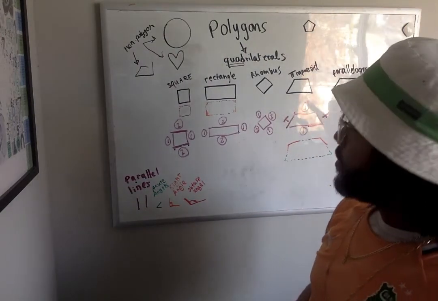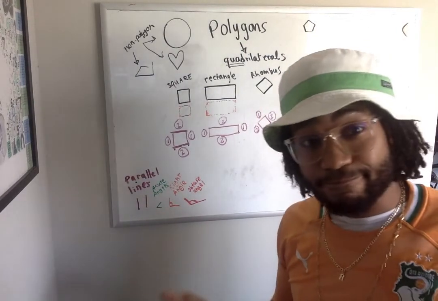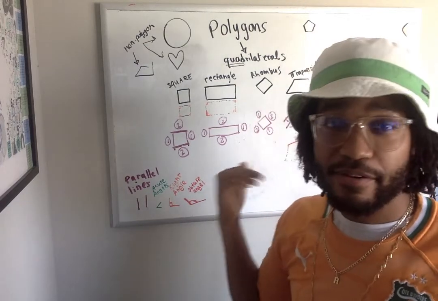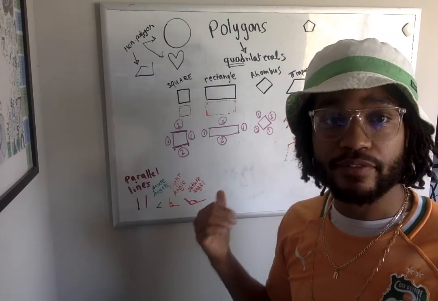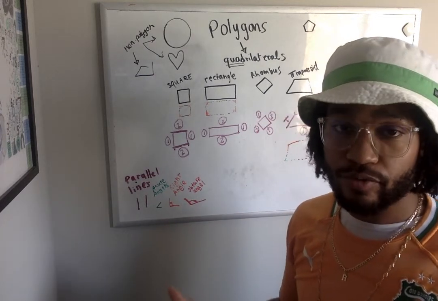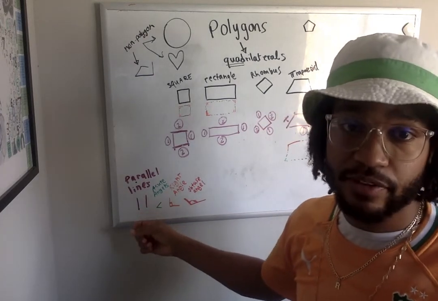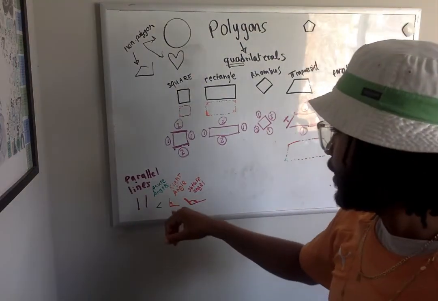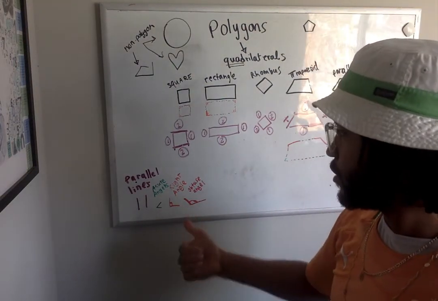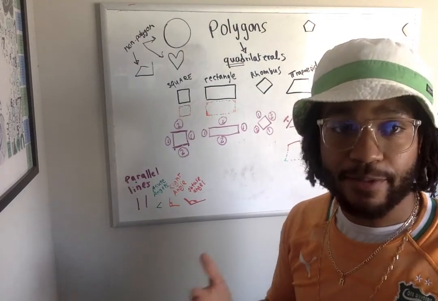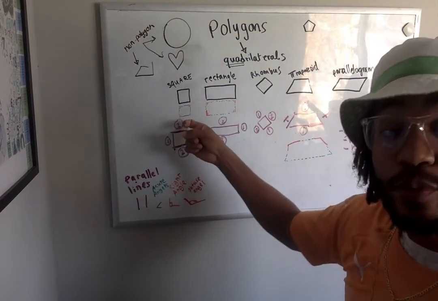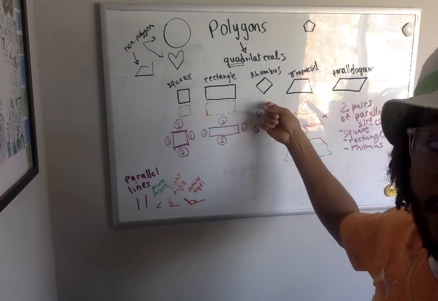So this was just really quick. Hopefully you got something out of it. But categorizing and seeing some attributes of different quadrilaterals is really helpful. Looking at the type of lines, specifically the parallel lines. And then the angles, acute, right, and obtuse. And also seeing if all sides are the same length, like in a square, like in a rhombus.